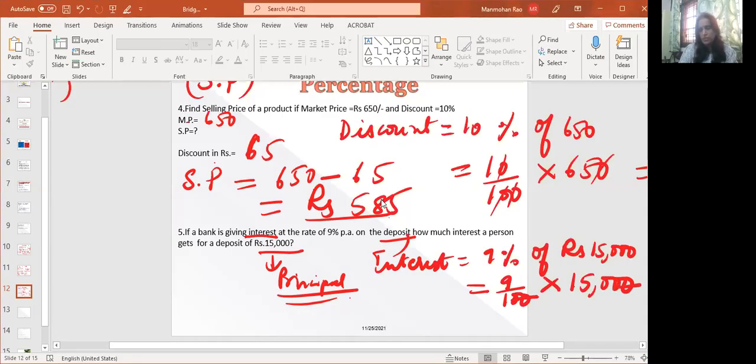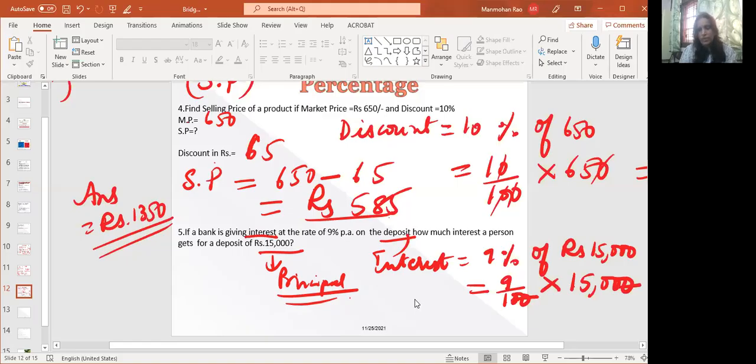Cut the zeros, 150 multiplied by 9. 15 nines are 135, so it must be 1350. The answer is 1350. So you are getting 1350.